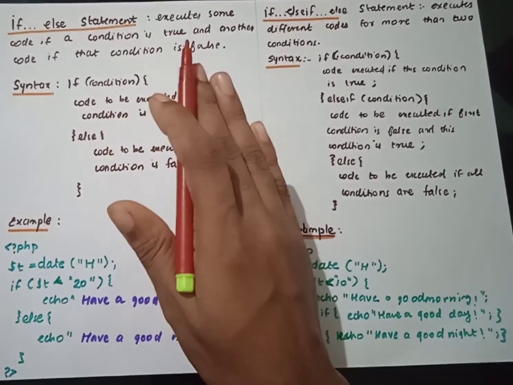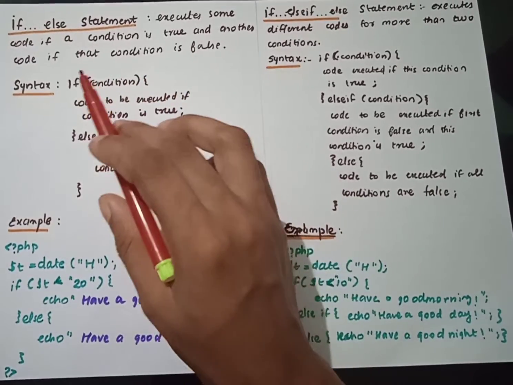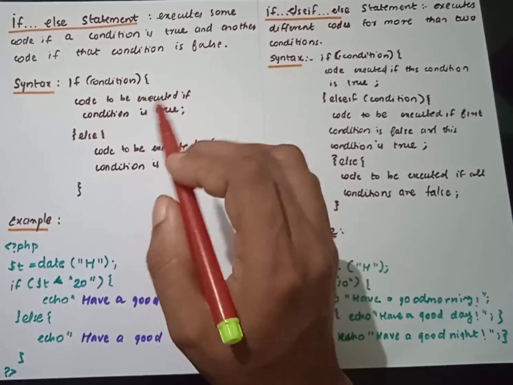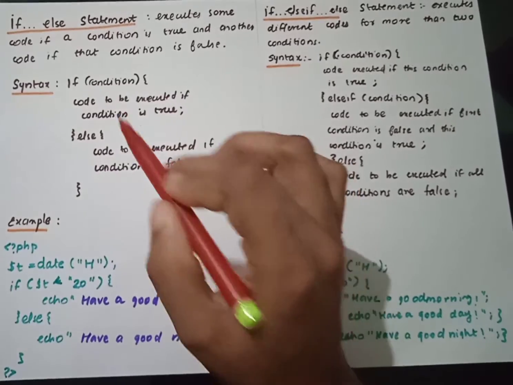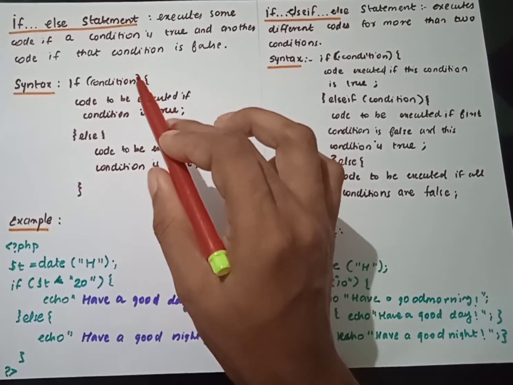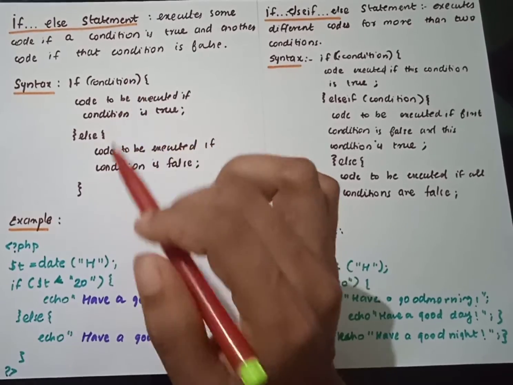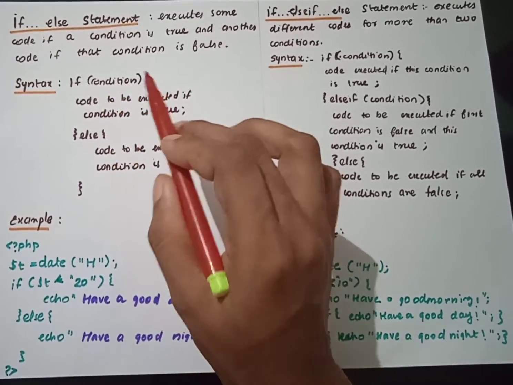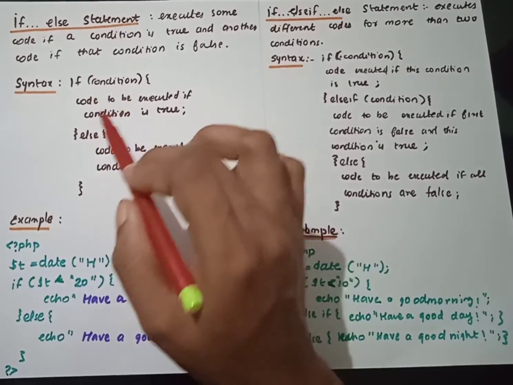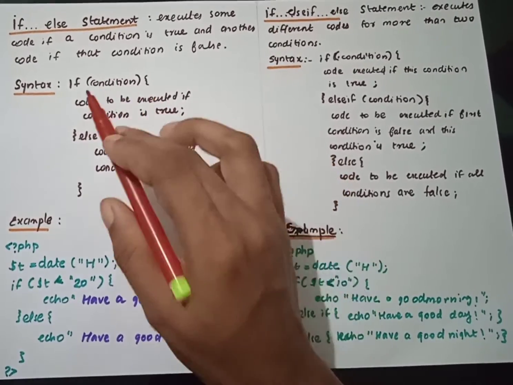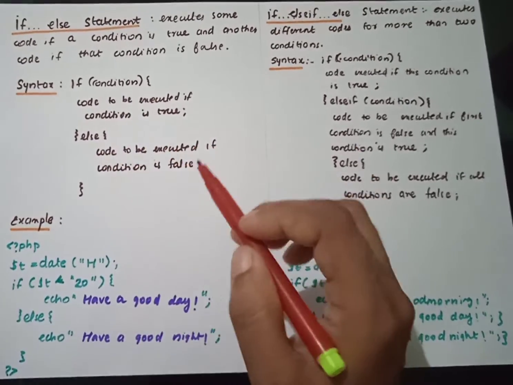If there is only one condition and one action, you only need to write an if statement. But if there is scope for when this condition is not true, then you can use the if else statement. It will execute the else only when the first condition in the if becomes false.